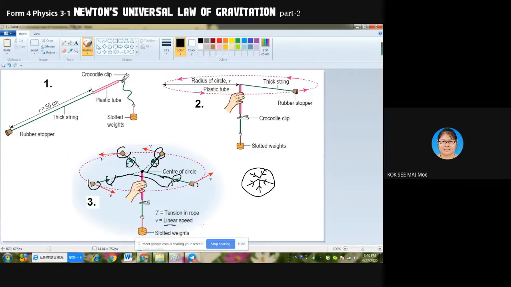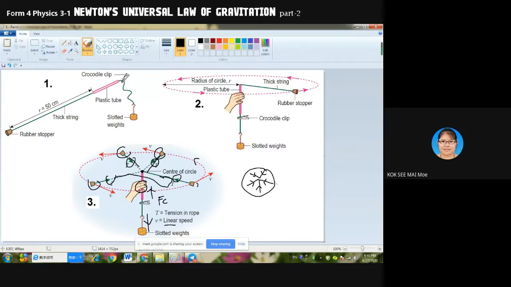Can you tell me anything? Because you never did this experiment, so we just use our common sense. If the mass is heavier, you need to hold with higher force. So higher force means your centripetal force is greater. So when the mass is higher, the centripetal force becomes greater. Then if you say the speed is constant, because we did the relationship, the speed must be constant.